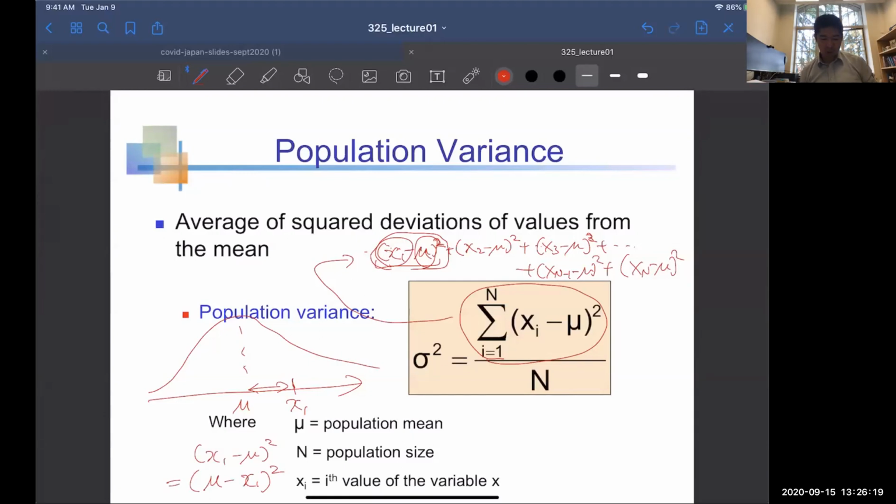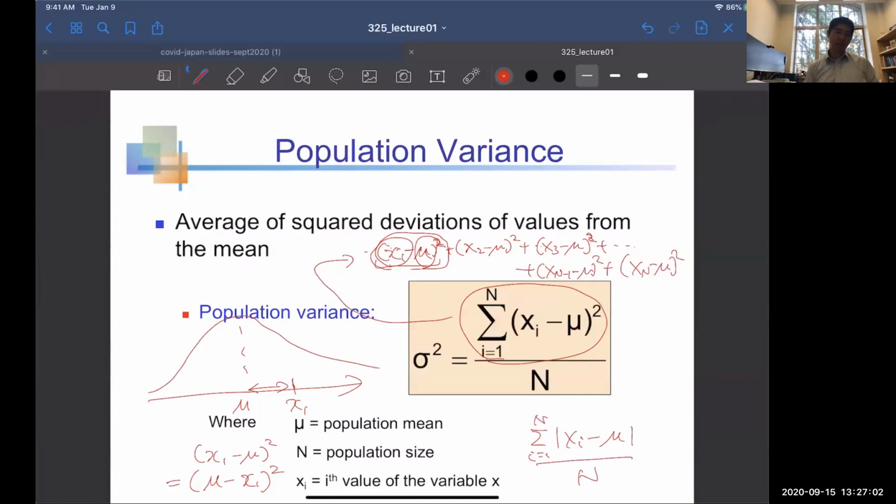Of course, the squared distance is not the only measure of distance in Euclidean space. You can think about something like absolute distance. Why not? There's nothing wrong with using a measure like that to measure the spread. It gives you some idea about the average distance of each observation from the center.